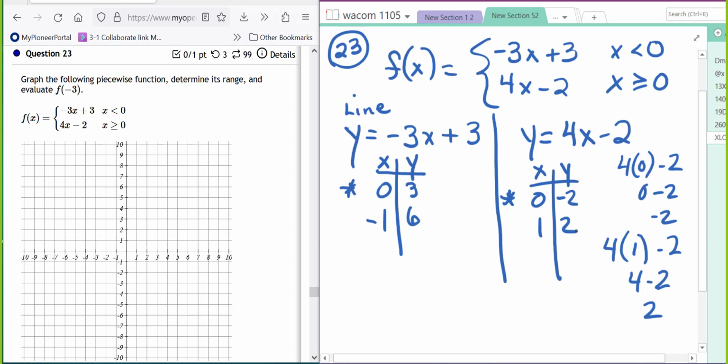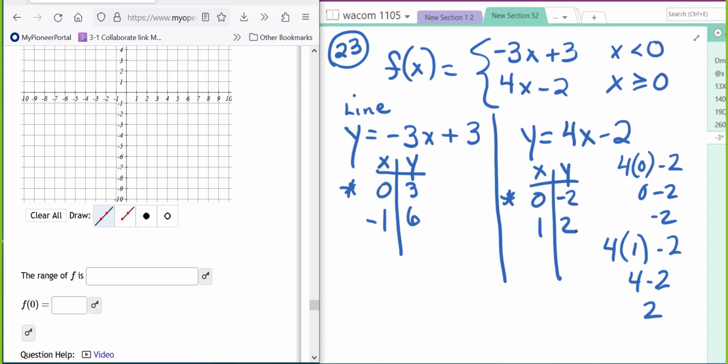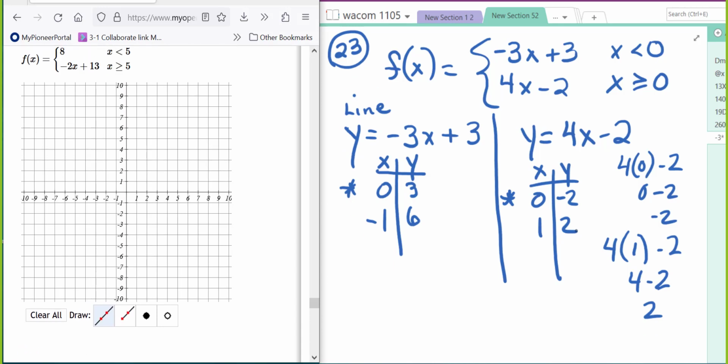All right, now we're going to go to the graph. And for this endpoint, this one needed an open circle. So your first thing you're going to pick is this open circle, and you're going to put it on 0, 3. So don't go over, go up 3, and then you'll click. Then you're going to click this ray tool, which is the second one.